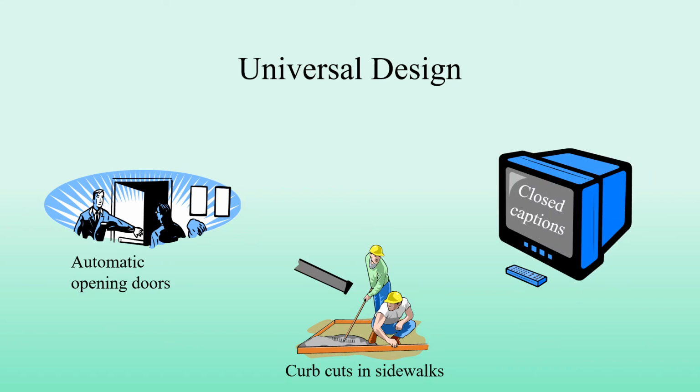We look at closed captions on TVs. They started to help people who were experiencing issues of hearing, so they had hearing impairments. But when we look at it, a lot of us are hearing impaired in different places.